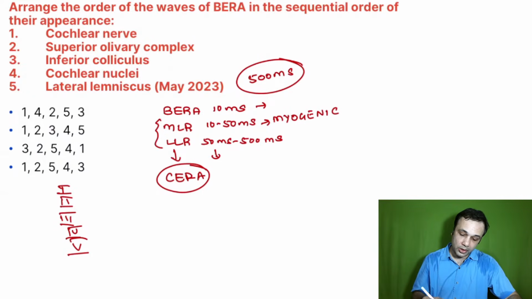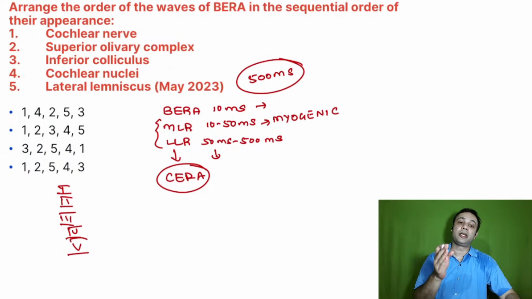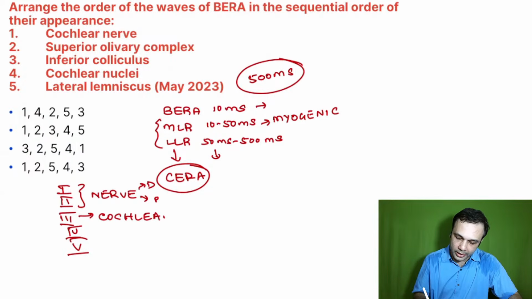So when you talk about the various waves of the BERA and the intervals or the latencies that you need to talk about, it is important. Wave 1 and wave 2 are related to the nerve. So you have the distal end of the nerve and the proximal end of the nerve. Wave 3 is related to the cochlear nucleus.